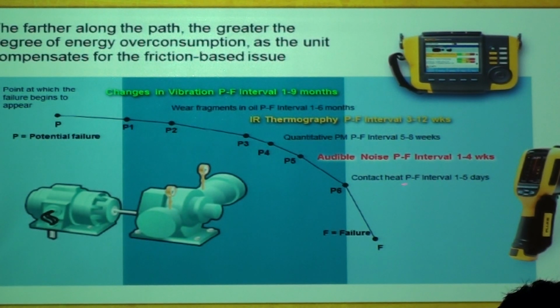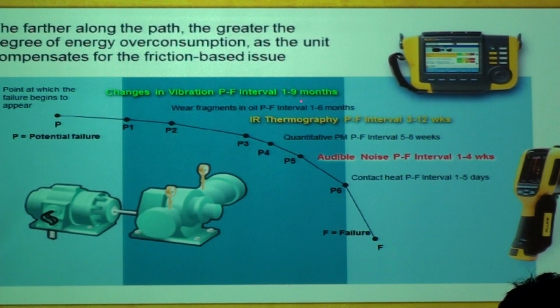Just before that, audible noise. You start to hear that the motor is really crying for help. Before the noise, thermography, right? Before thermography, oil analysis will show you lubrication problems. And before that, you have vibration. So if you look at the curve, vibration is the first indication of a mechanical problem.